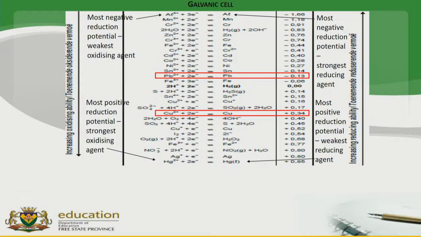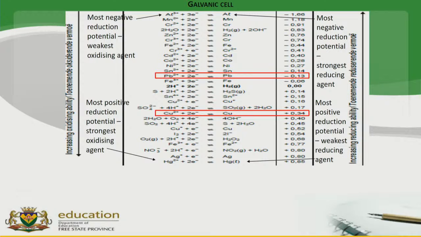Now, when you have a look at the table, you can see that you have an arrow on the right hand side and an arrow on the left hand side. In this particular table, the arrow that moves up on the right hand side says increasing reducing ability. And the arrow that moves down on the left hand side says increasing oxidizing ability. What does that mean? Remember this arrow is on the right hand side.